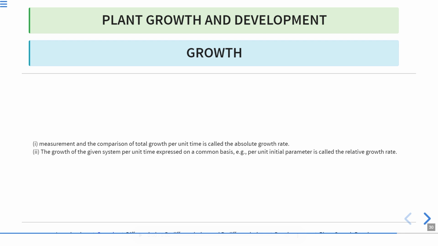So in this way, you can measure growth in two ways: the absolute growth rate and the relative growth rate, right?